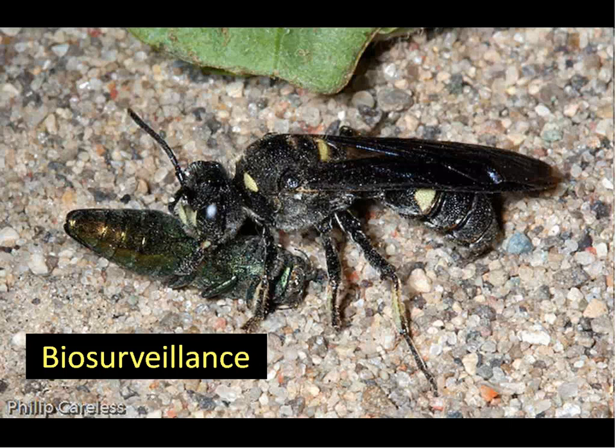They don't target emerald ash borer preferentially over any other beetle, so there's no high specificity for just emerald ash borer. It just happens to be one of the incidental catches that the wasp will bring back if emerald ash borer is indeed in an area near a wasp nest.